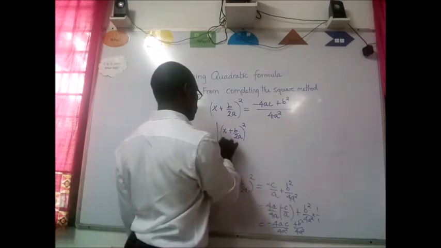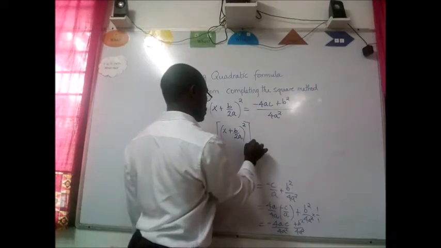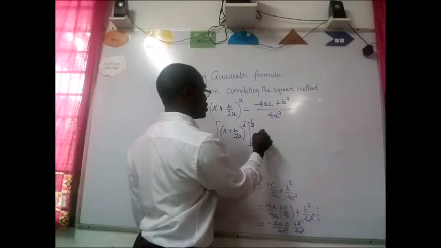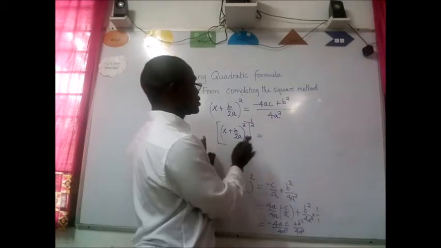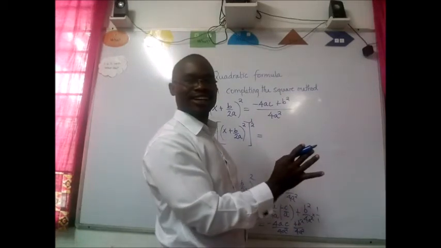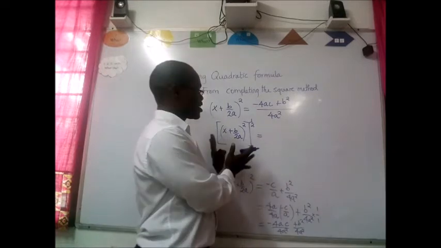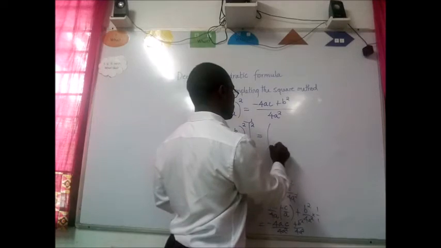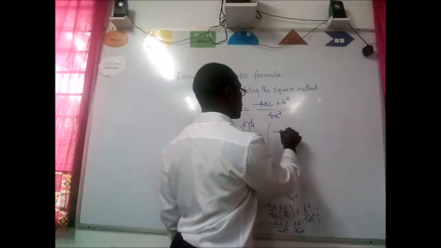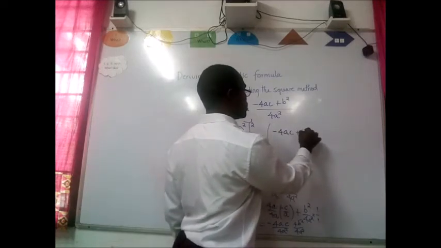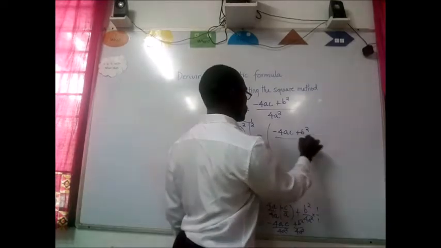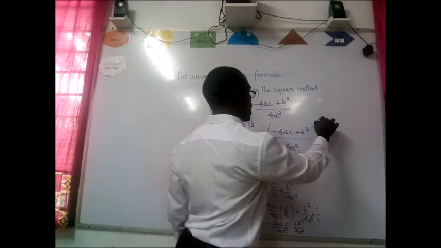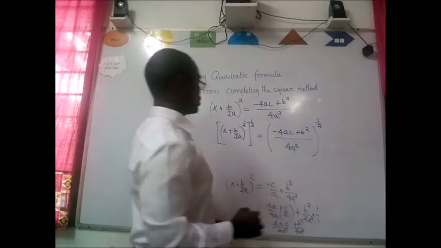So now we have big brackets, power half is equal, so whatever you do on this side, you do the same on the other side. Whatever you do on this side, you should make sure that you do on the other side. So here on the other side will be negative 4ac plus b squared over 4a squared. So you power half like that.